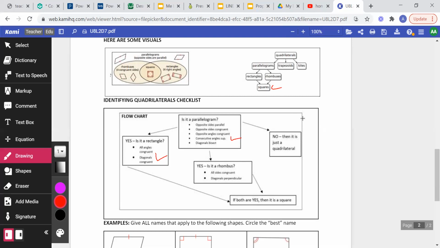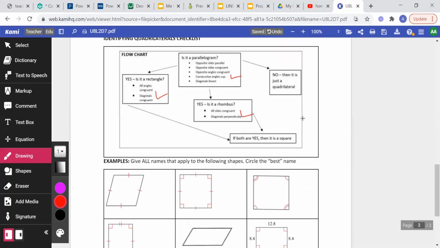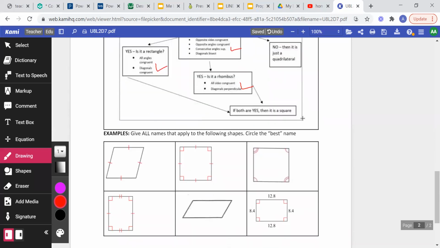These are things you need to know. And then lastly, both of these will form a square, because in a square, the diagonals are both congruent and perpendicular.